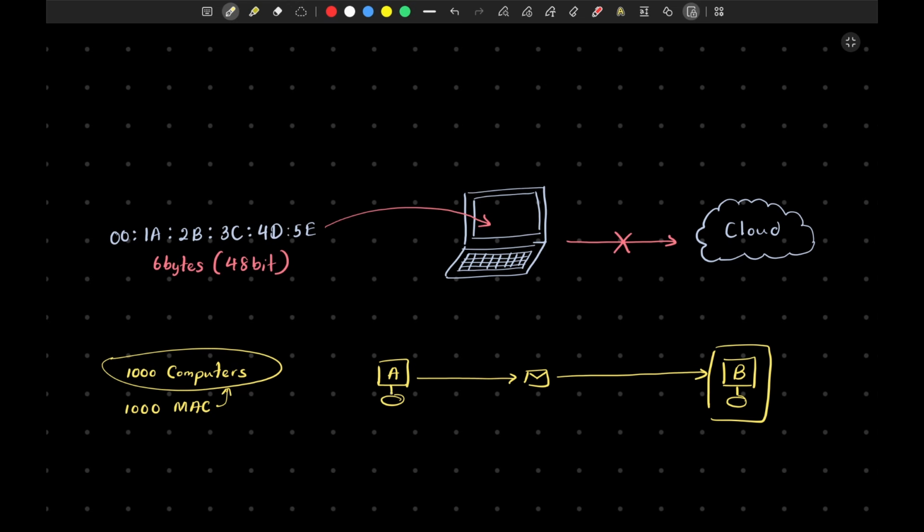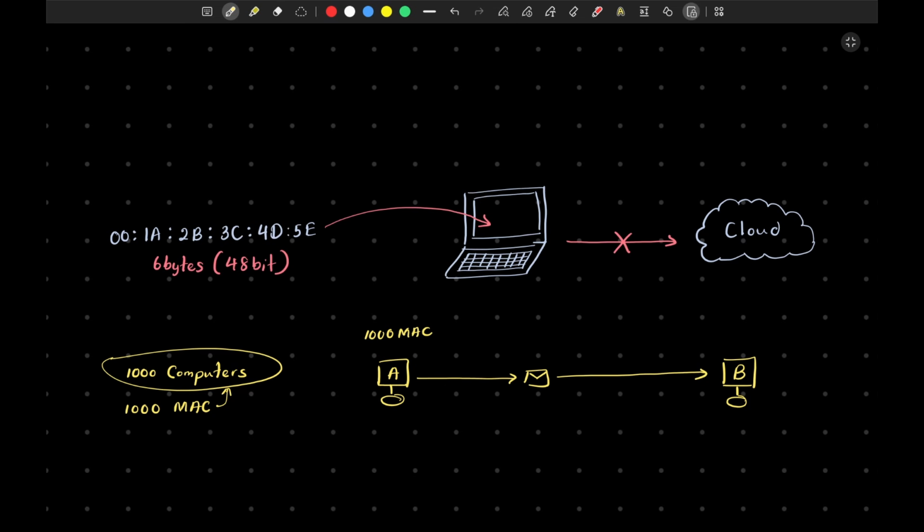Therefore, computer A has to store all the 1,000 MAC addresses of the network, go through them one by one, find computer B's MAC address, and send the data to the MAC address of that particular computer B. That's the scenario.